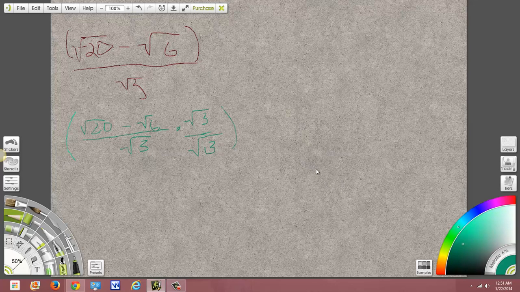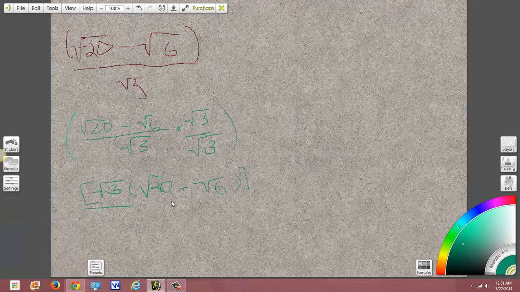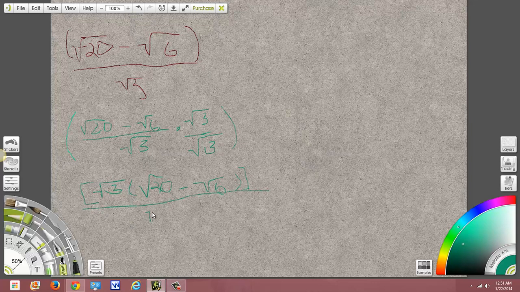What we get is the square root of 3 times, using the distributive property, the square root of 20 minus the square root of 6, in brackets, divided by the square root of 9, because 3 times 3 is 9.